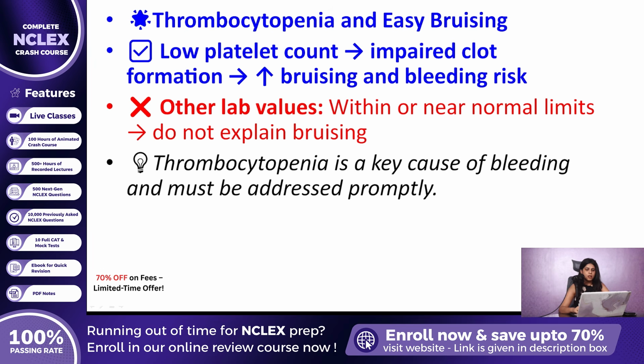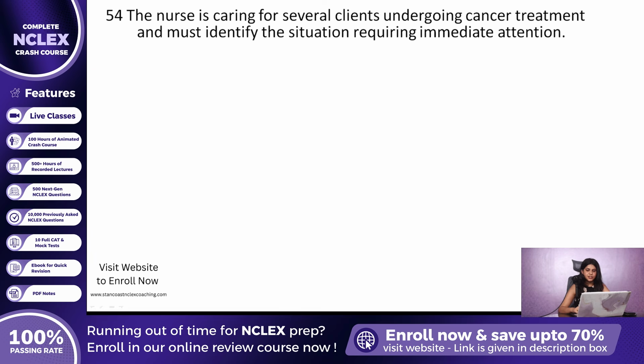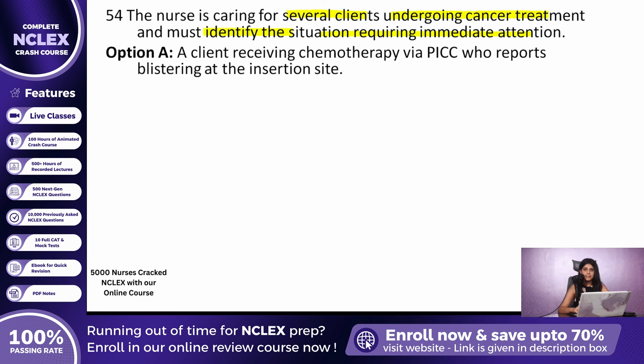Question 54. Finally, for this group, let us examine a chemotherapy safety scenario. The nurse is caring for several clients undergoing cancer treatment and must identify the situation requiring immediate attention. The options are: Option A, a client receiving chemotherapy via PICC who reports blistering at the insertion site.